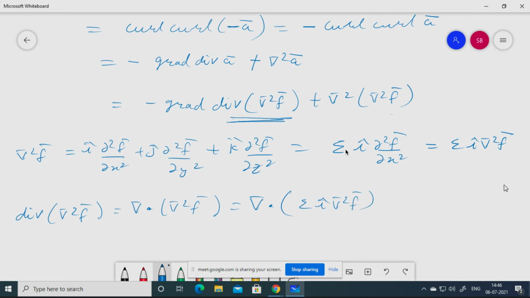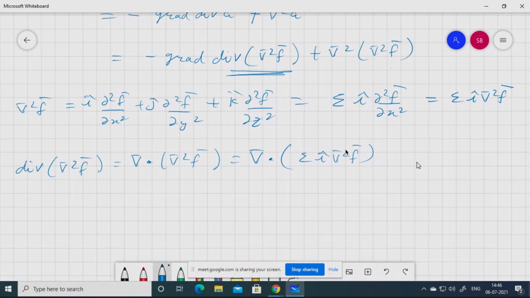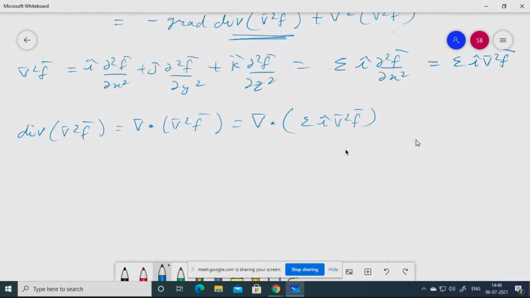Now here del again is the operator, I will have i dou by dou x, j dou by dou y, k dou by dou z. Is it or not? Yes, ma'am. So for i dot i only I will get, for j dot j only I will get, for k dot k only I am going to get this result. Okay?